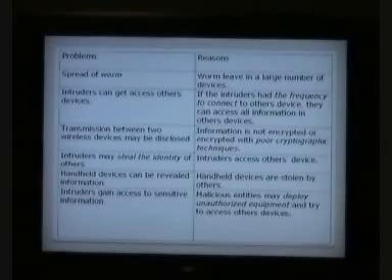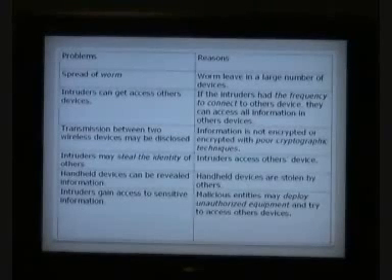On the other hand, information that is not encrypted or encrypted with weak cryptographic techniques, so that transmission between two wireless devices may be intercepted and decoded.